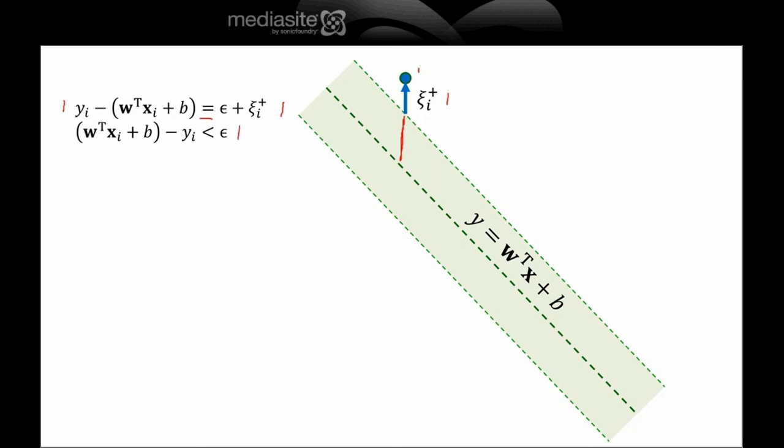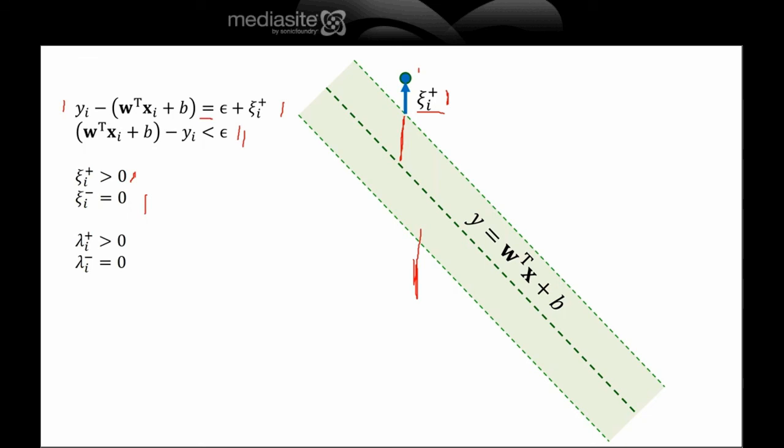But the other constraint, which is for points that are below the margin, we have an inactive constraint here. Hence, Zi plus is strictly greater than 0, and Zi minus is equal to 0. These are the errors. Only Zi plus is greater than 0.